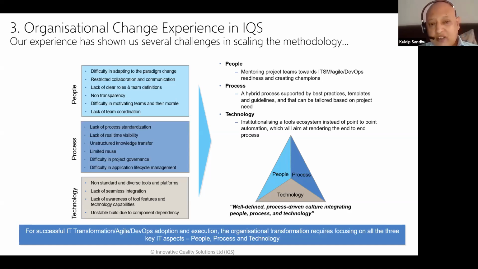Things that we've seen around technology: there's a wrong set of requirements, the tool features and platforms are not as required for business needs, there's limited integration, and there's lots of technology debt. And I think what we're saying is that we really need to ensure that the people, process, technology triangle is really well honed to address some of these challenges from a people, process, and technology perspective.